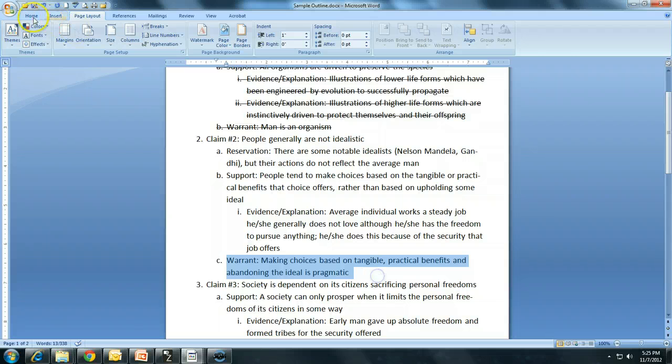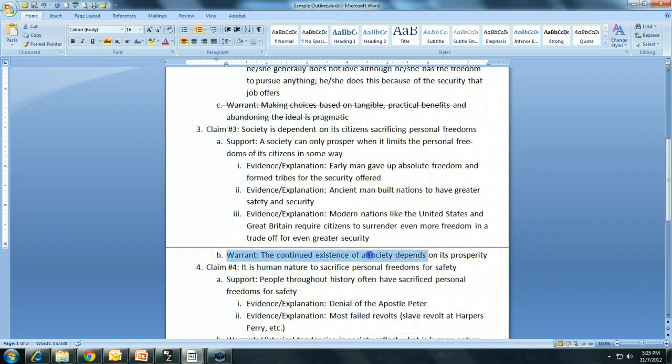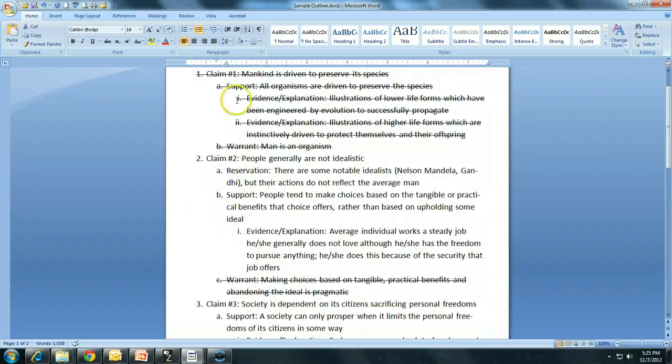So when I start writing my rough draft, I'm going to take the warrants out of all of these, I think. I might leave that one in, but for the most part, if I was doing this one, I would definitely leave out the warrant of man as an organism. You wouldn't want to throw that into an essay because it's just, duh, of course.